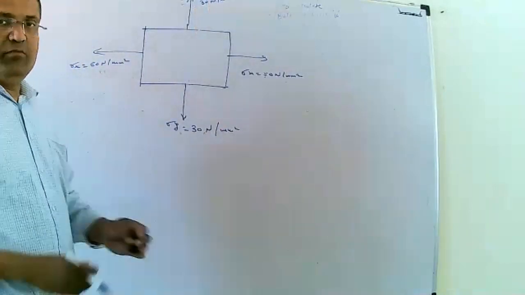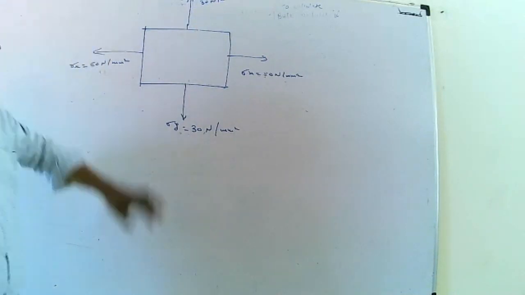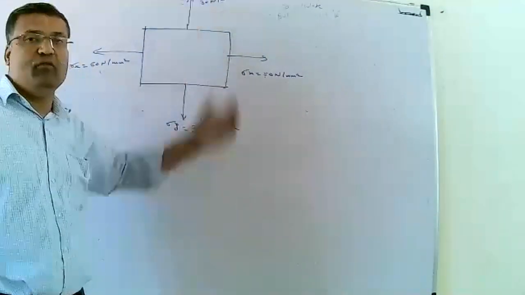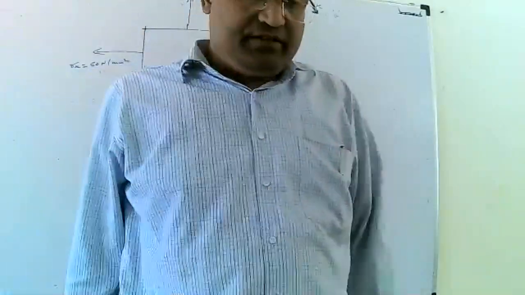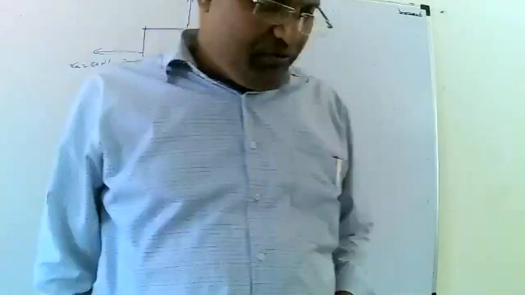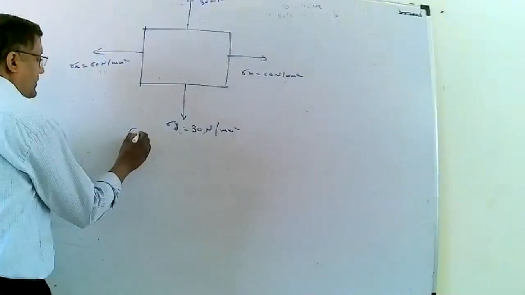Okay, this is the problem. This is a plane section. The two things given are the stress induced along the x direction and y direction, both tensile. Then how to calculate the strain induced in the x and y directions? A very simple way: whatever information you have been provided, you write that as the given data.